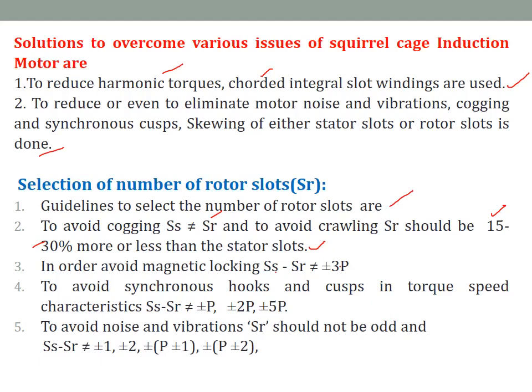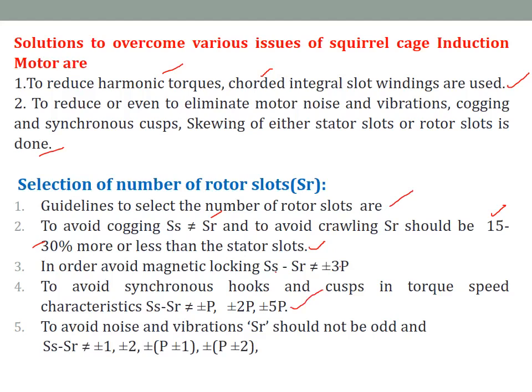And to avoid synchronous hooks and cusps in torque speed characteristics, SS minus SR should not be equal to plus or minus P, or plus or minus 2P, or plus or minus 5P. To avoid noise and vibration, SR should not be odd.